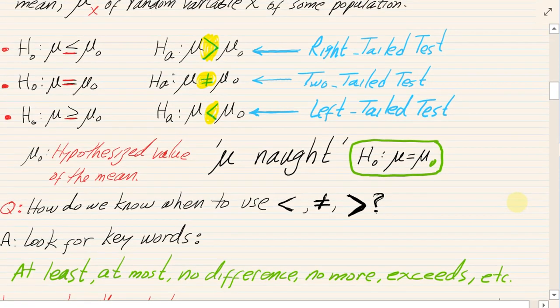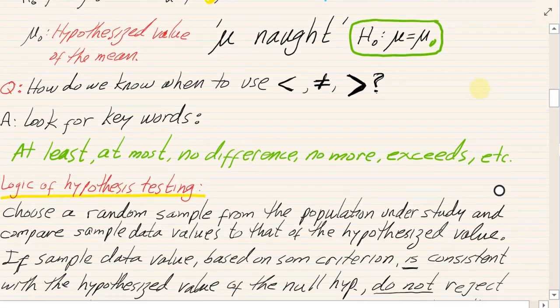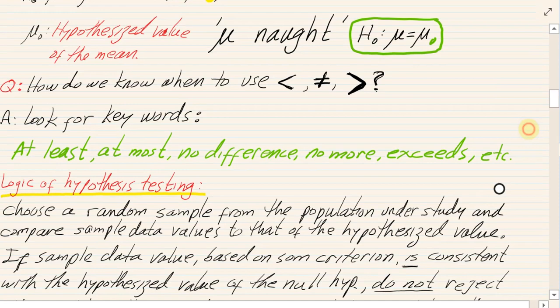And these are some of the keywords I have: at least, at most, no difference, no more, exceeds, etc. All of these words translate into inequalities. And again, keep in mind, the alternative will never have an equal sign, and we're always going to assume the null is equal.